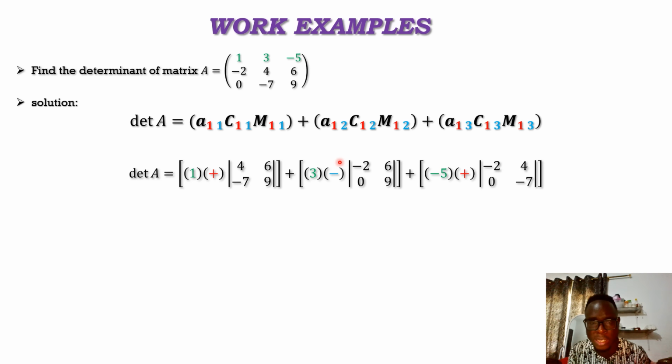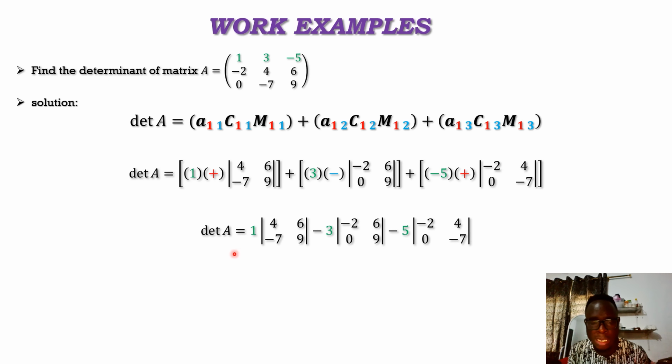So remove the column and remove the row, negative 2, 6, 0, 9. Then repeat the same thing for the last element of the first row, which is negative 5. The cofactor is positive, then we have negative 2, 4, 0, negative 7. The determinant is the minor of the third element in the first row.